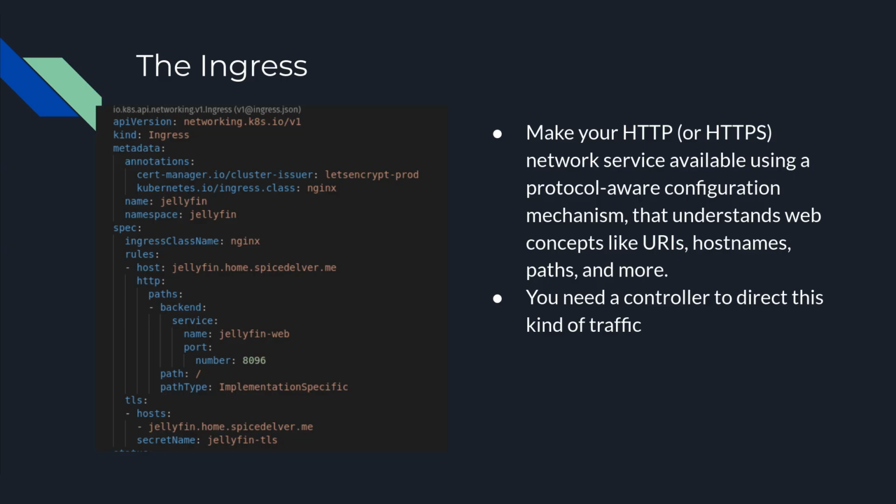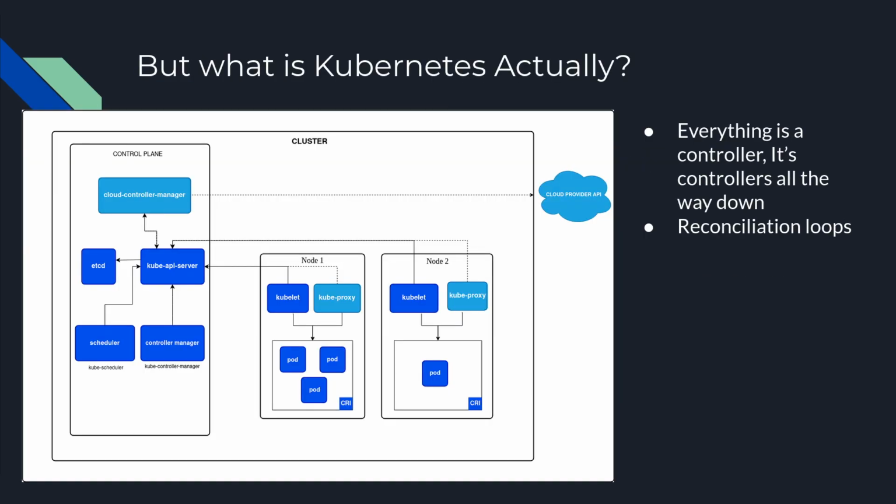So in the past couple slides, I mentioned the ingress controller, your container networks controller, and your storage controller, which sort of brings us to what Kubernetes actually is under the hood.